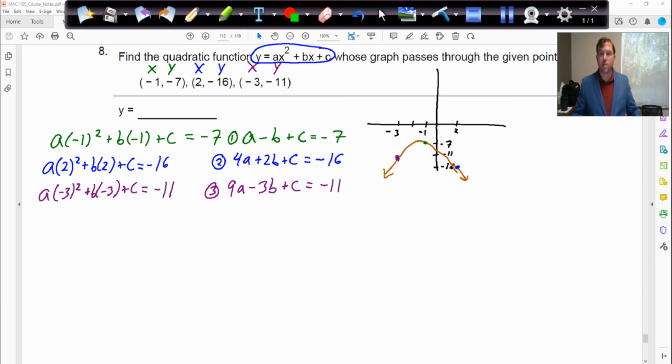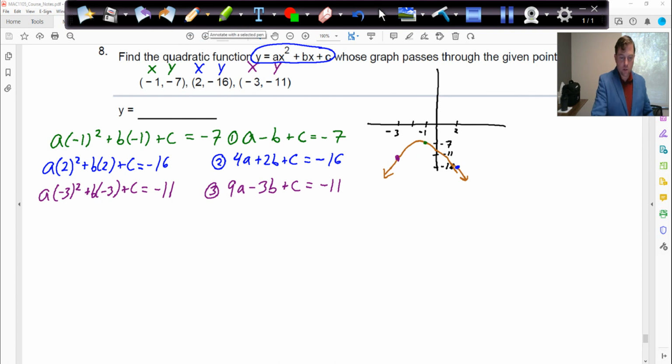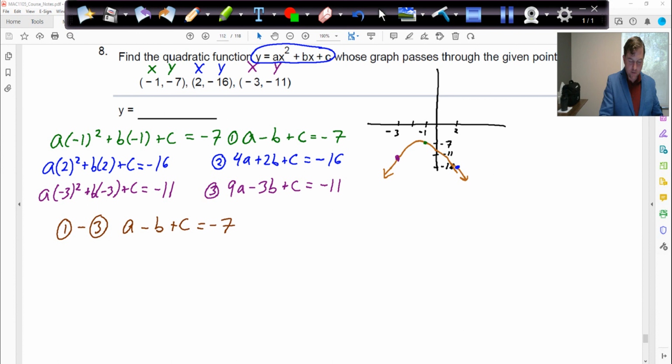Okay, now that the setup's done, it's no different than the other problems, but now we're working with the letters a, b, and c. So we have to take multiples of these equations to try to solve for one letter at a time. Why don't we take equation 1 and subtract equation 3 from it, so I can easily eliminate those c's. We get a minus b plus c equals minus 7.